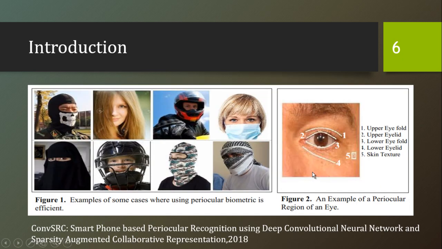These are the possible use cases where my research work could be very effective. These images are taken from recent research work where authors tried to use deep learning techniques to extract features and classify them into their real subject name. The paper link I will provide in the description of this video.